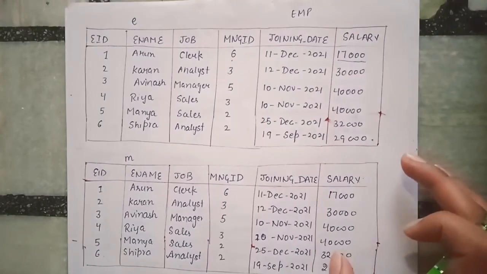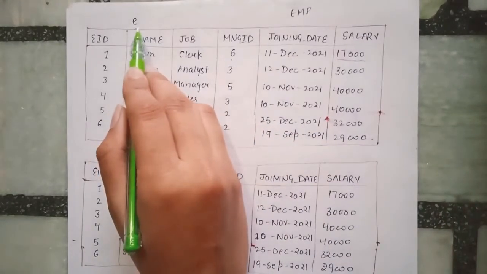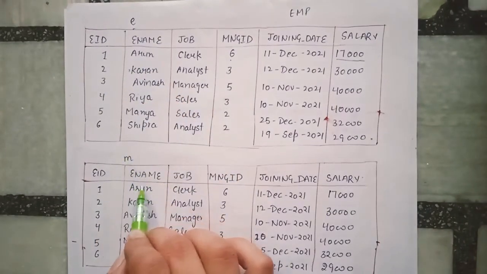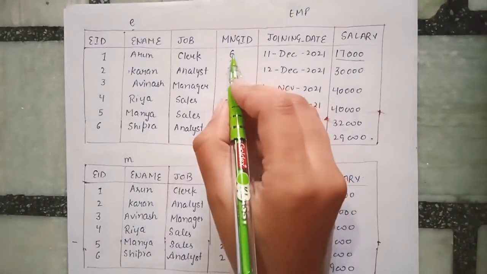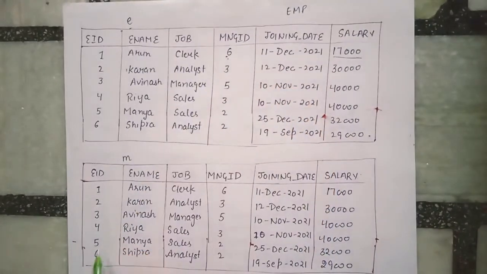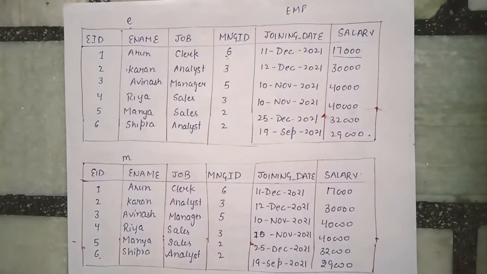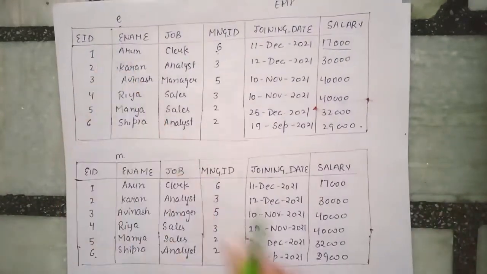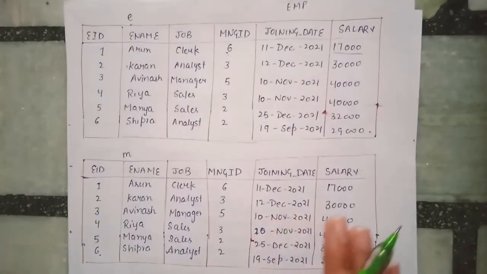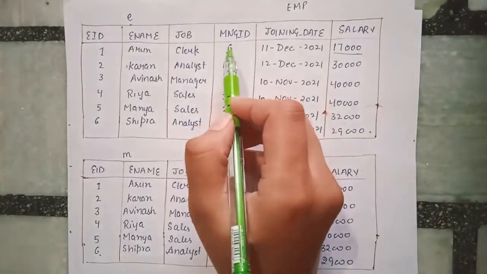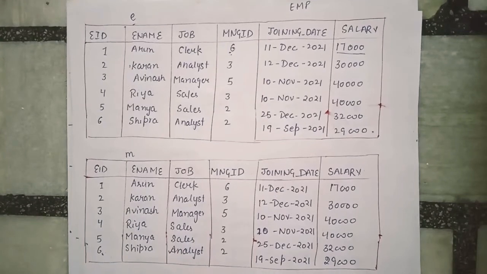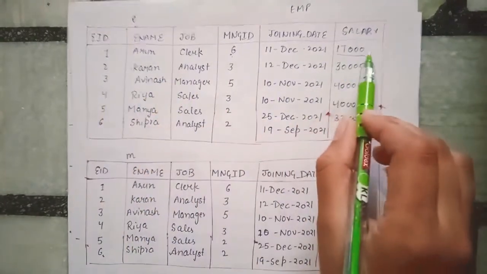We are going to compare the salary of E, that is this object, with the salary of the M object, where manager ID is equal to M dot employee ID. So we compare the salary where E dot salary is greater than M dot salary, and we match where the manager ID is equal to the employee ID in this M table. Firstly, let's see with this record.